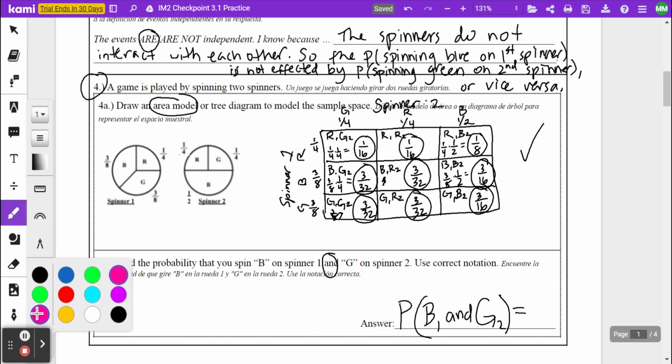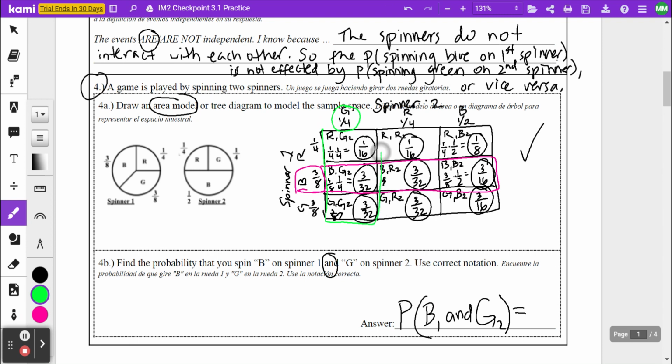Okay, I want B on spinner 1. So it could be any of these. And I want G on spinner 2. So it could be any of these. And I want them both to be true at the same time.